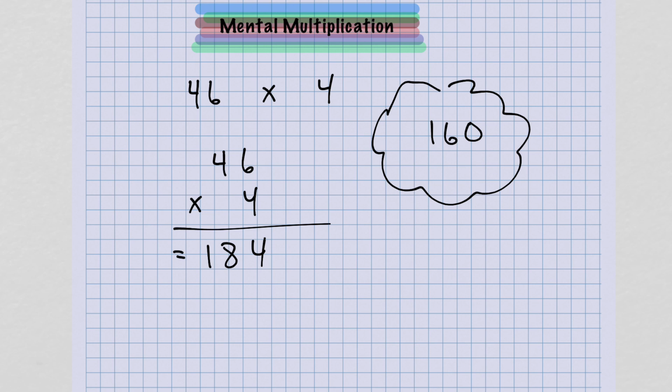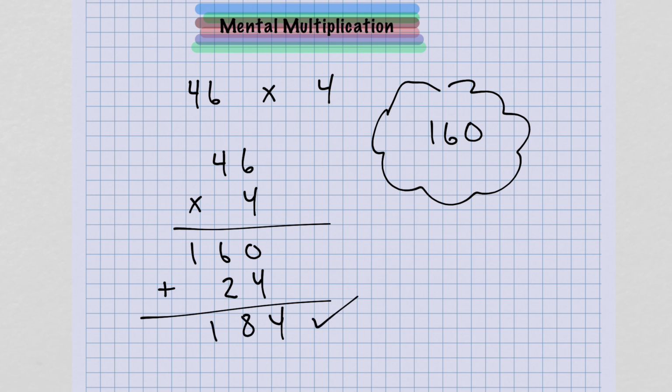This is what I'm doing. I'm saying 4 times 40 is 160. So this is the part that I have inside my head here, 160. And then I'm adding 24. So we have 184. Let me show you the distribution way of doing this.